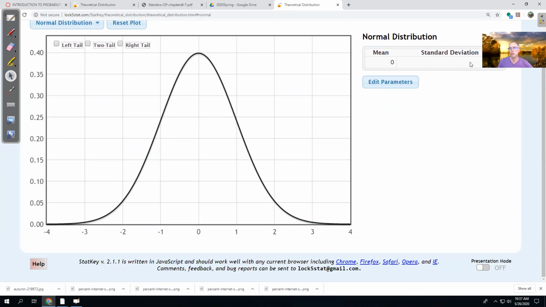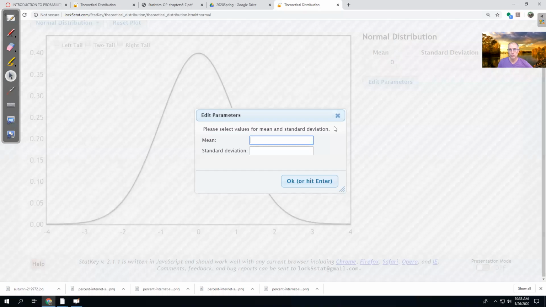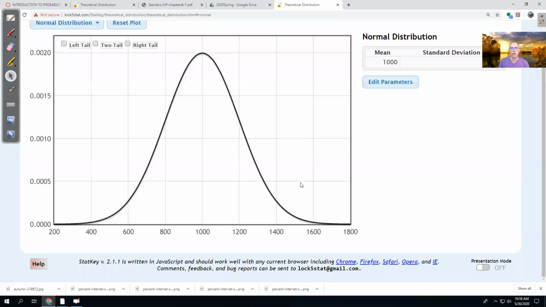So 0 and 1 means this is the standard normal, or we're talking about z-scores. I'm going to use 1,000, my claim for the mean of SAT scores, and my claim was that the standard deviation is about 200. All right, so I set the mean and it resets that.